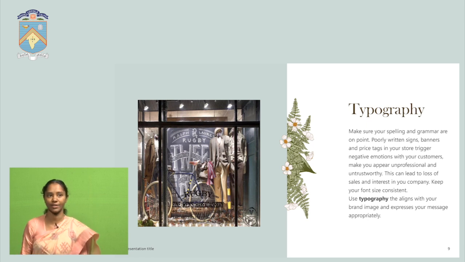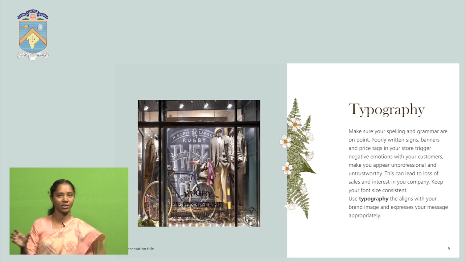Poorly written signs, banners and price tags in your store trigger negative emotions. Why? Because typography is very clearly visible, so if we miss something in it, it is very easily identified by the customer.